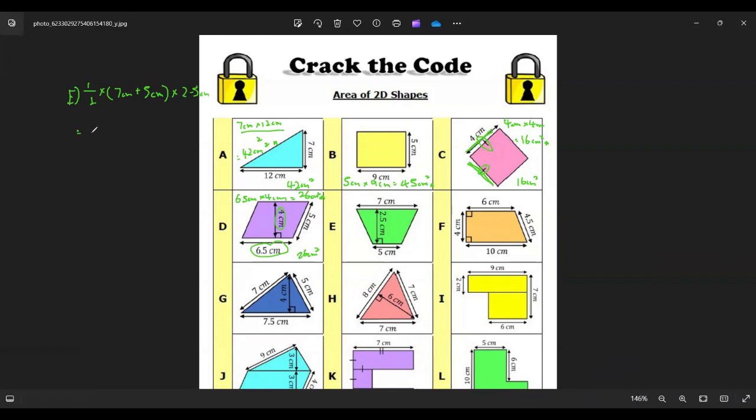I will get 6 cm. Sorry, I'll get 6 cm times 2.5 cm. Then the answer is 15 cm squared.